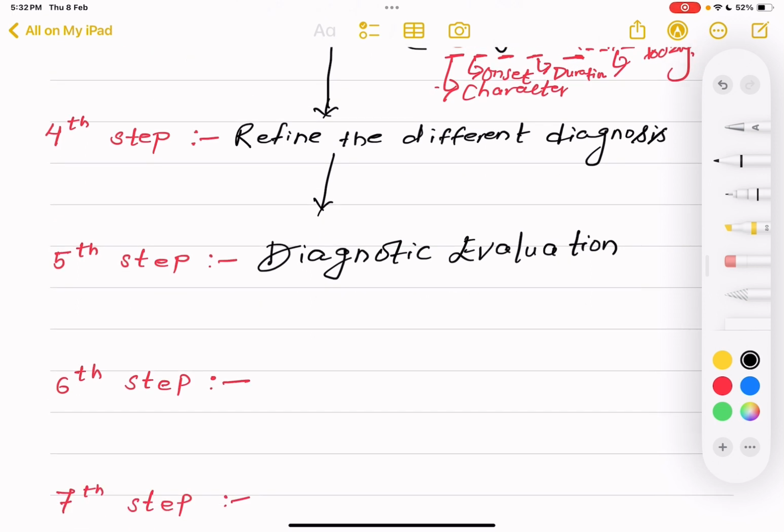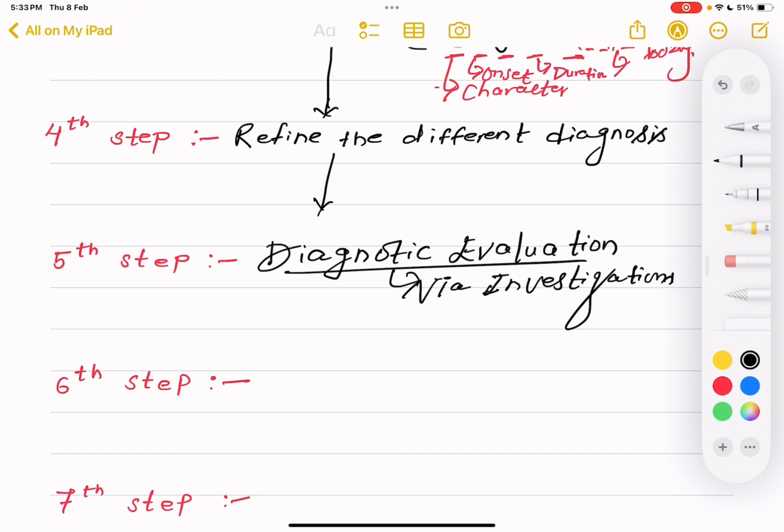For that, we are going to send different types of investigations as per the history, in order to rule in and rule out the life-threatening diseases. Okay. So in the diagnostic step, we are definitely going to send different investigations. We can write investigations for the diagnosis of the disease.